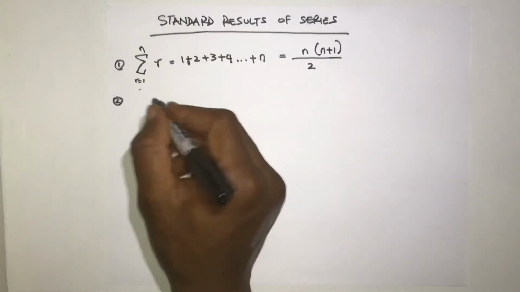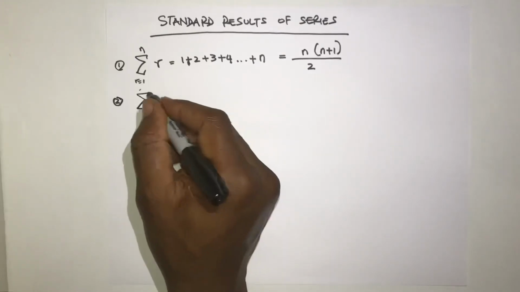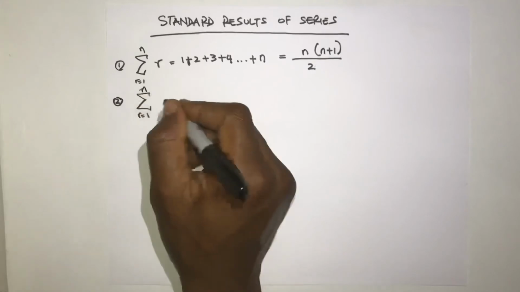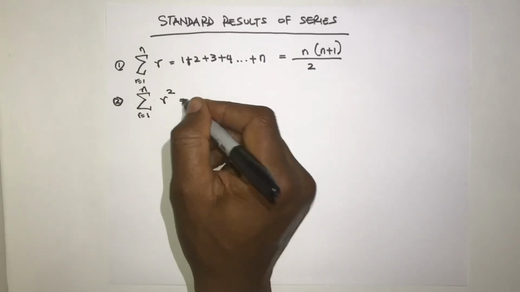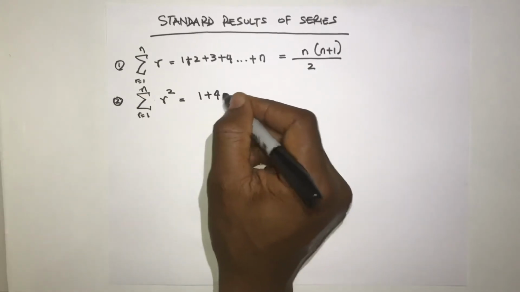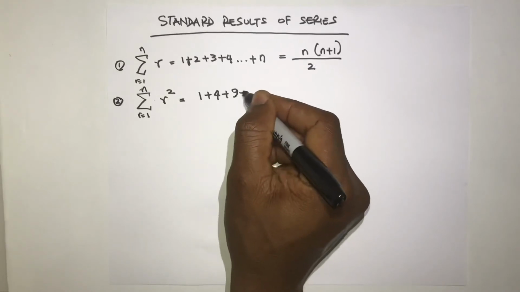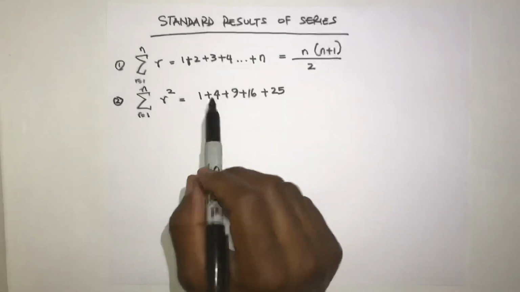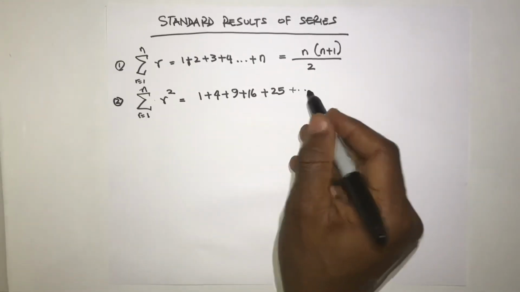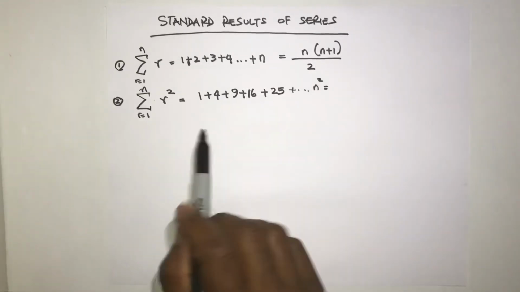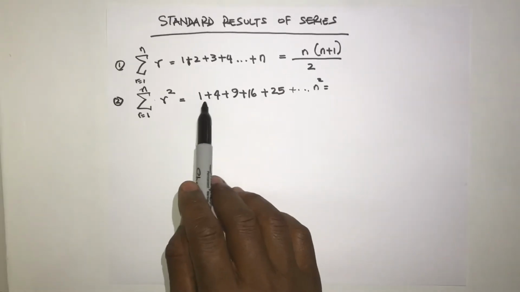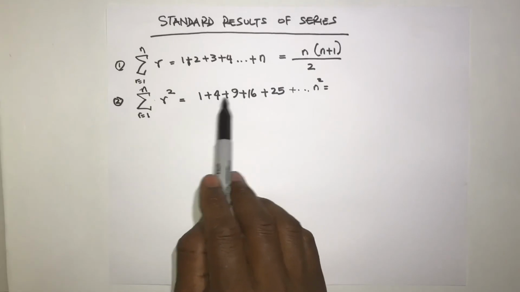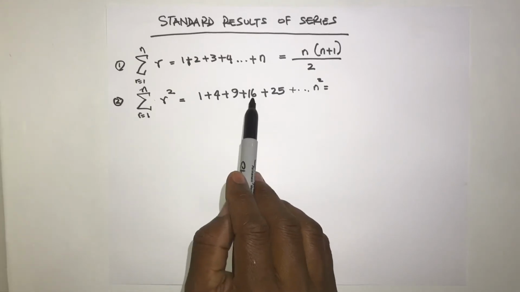Now, the sum of r equals 1 to n of r squared is equal to 1 plus 4 plus 9 plus 16 plus 25, going down to n squared. As can be seen, these are the summation of the perfect squares: 1 squared is 1, 2 squared is 4, 3 squared is 9, 4 squared is 16, and so forth.